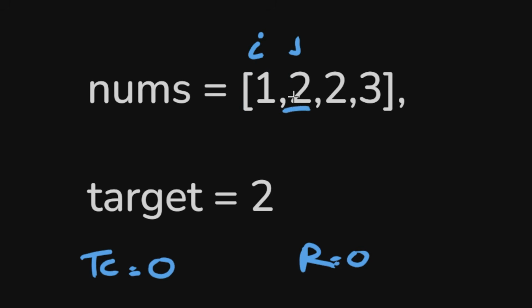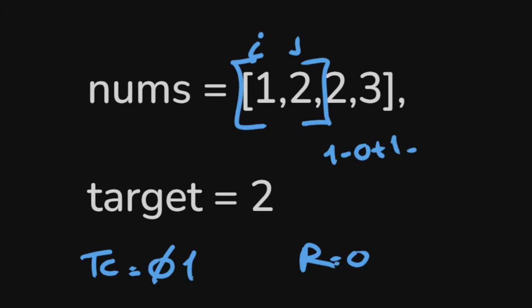Now the j pointer is here, which means that we are looking at this subarray. And given that this number is the target, we need to add 1 to target count. Now, how many elements do we have here? Well, we can do j minus i plus 1. j is index 1, i is index 0, plus 1, this is equal to 2. We have 2 elements.